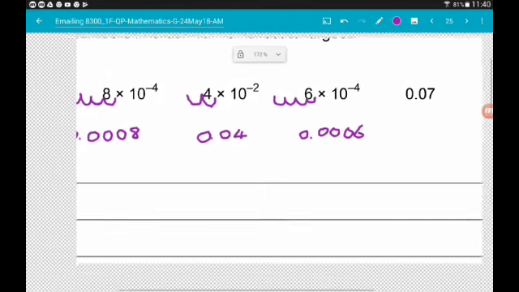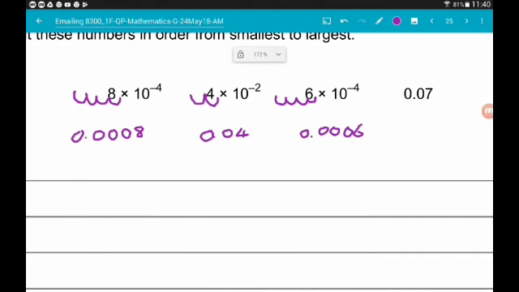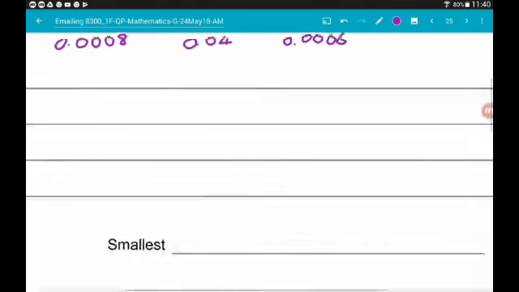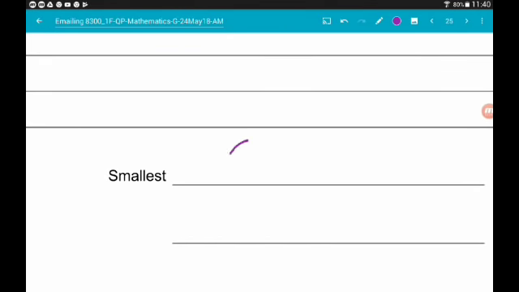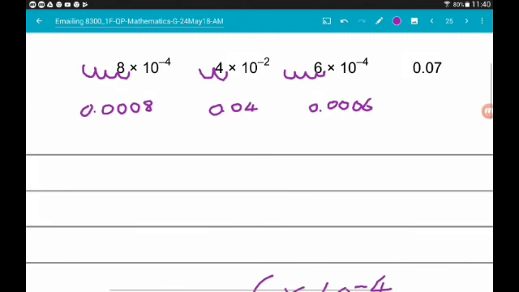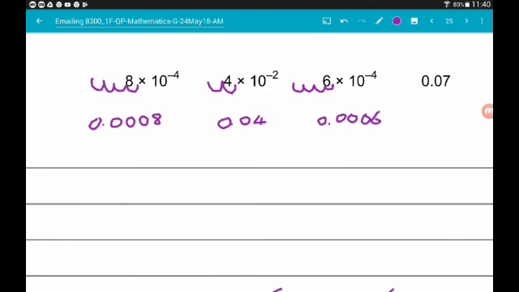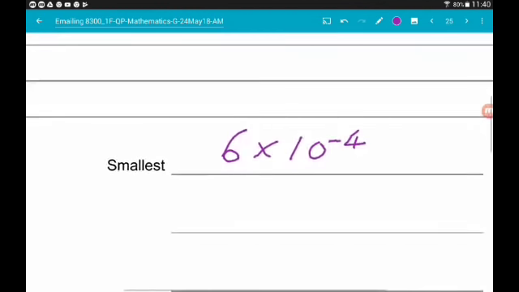So the smallest number here is 0.0006. So our smallest number is 6 times 10 to the minus 4. And then it's going to be 0.0008. So that's 8 times 10 to the minus 4.